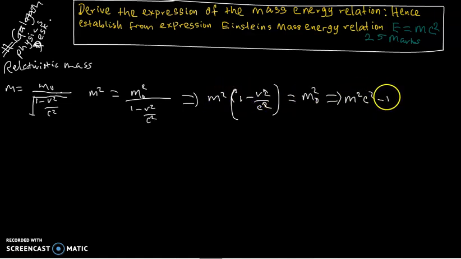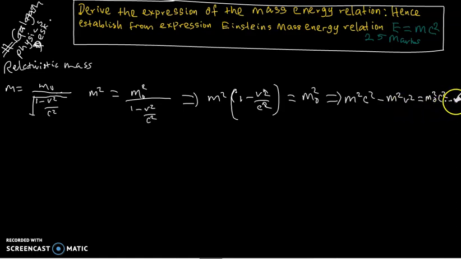So it is m squared c squared minus m squared v squared, and this will be equal to m naught squared multiplied by c squared. This will give us m naught squared c squared. Let's call this equation star.